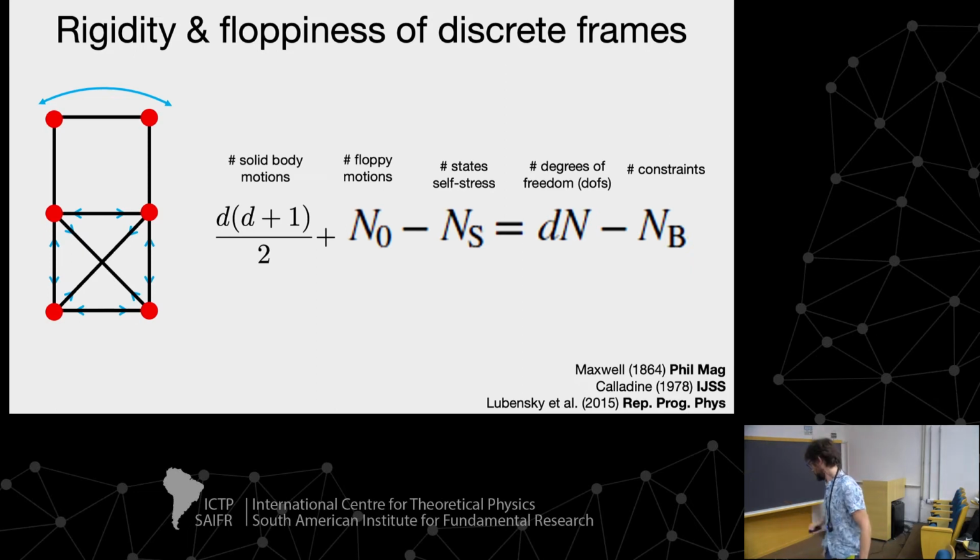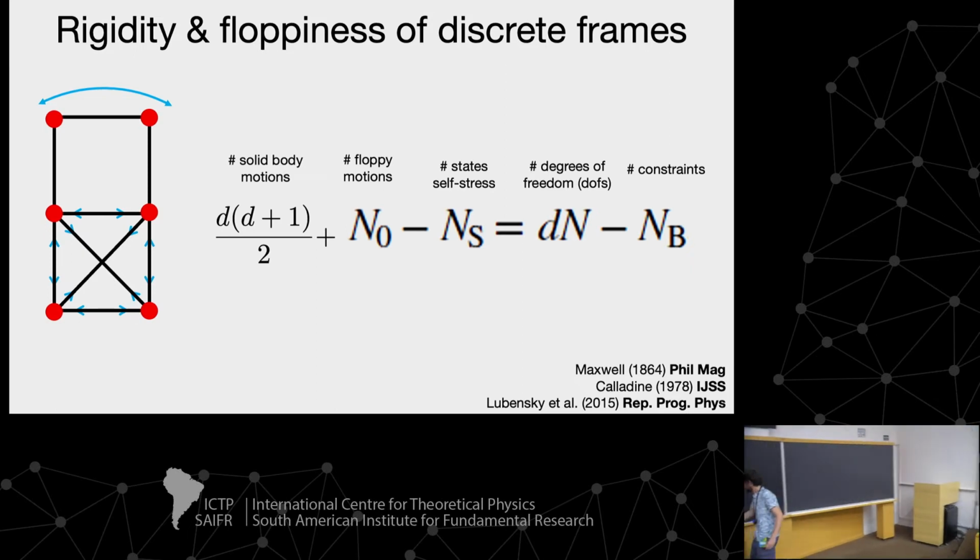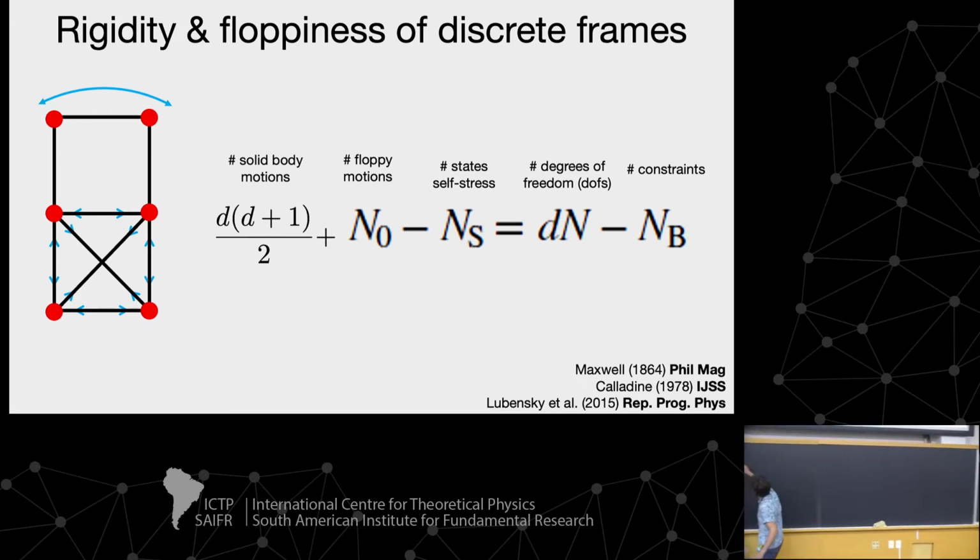Okay. So if I just write here as a recap, we have 3 here. Here we have 1 floppy mode, the one I drew, so 1 here. Then we have the number of states of self-stress. I drew 1, so there is 1, right? And the number of degrees of freedom is d times n. d is 2 in our case because we are in 2 dimensions, and n, I have 6, right?